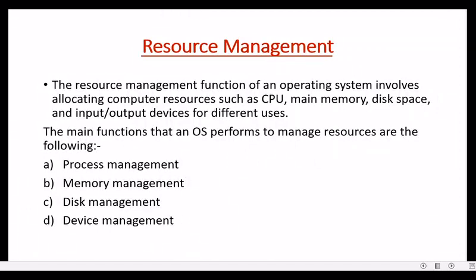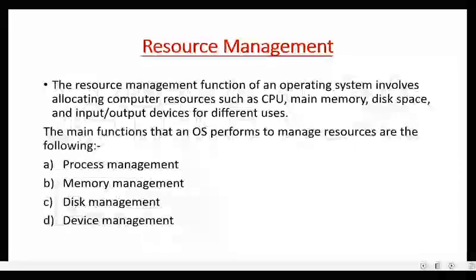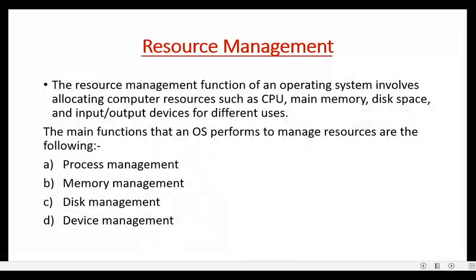Earlier I told you that resource management involves the functionality of different resources of the computer, like processor, memory, disk, input, output, etc. On behalf of these resources, resource management functionality is divided into different parts: process management, memory management, disk management, and device management. Let us discuss all these functions one by one.